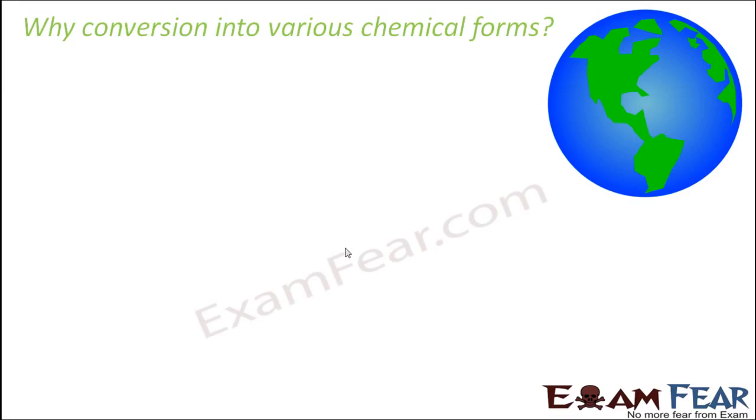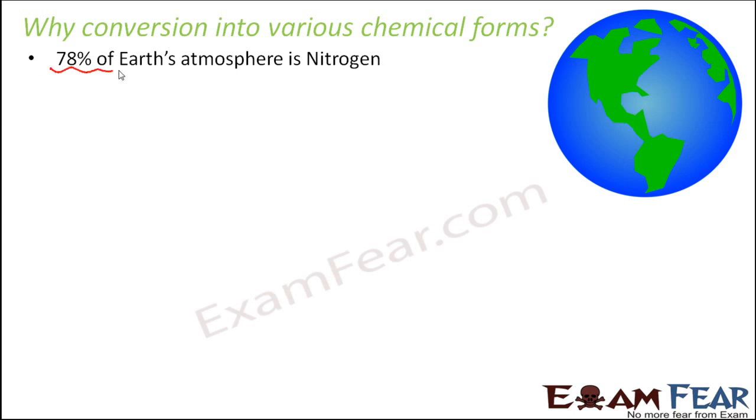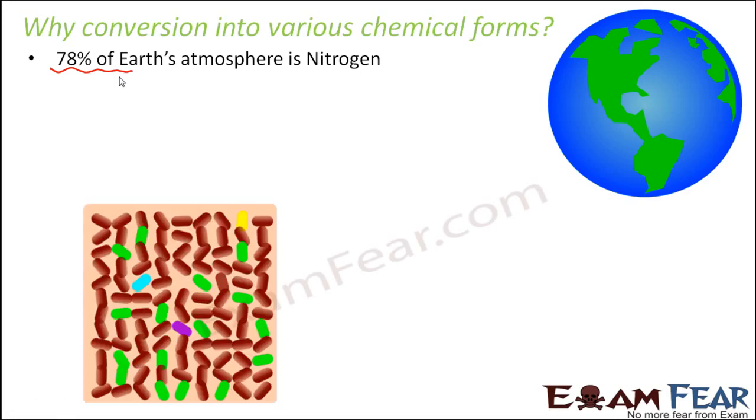Even though the percentage of nitrogen is huge, almost 78% of the Earth's atmosphere is nitrogen, roughly 80%, and the remaining 20% has all other gases. You can just imagine how much nitrogen is there in the atmosphere.